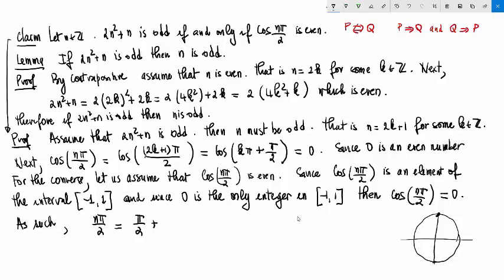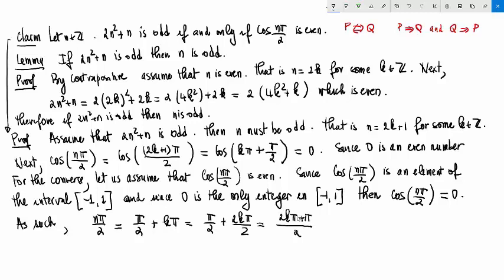N pi over 2 can be equal to pi over 2 plus k pi, which is then pi over 2 plus 2k pi over 2, which is then 2k pi plus pi over 2.